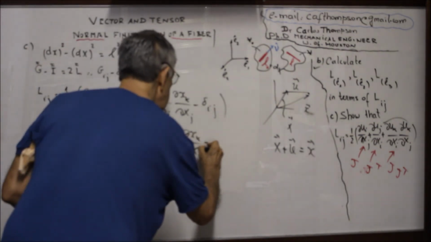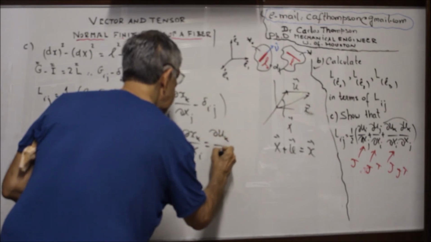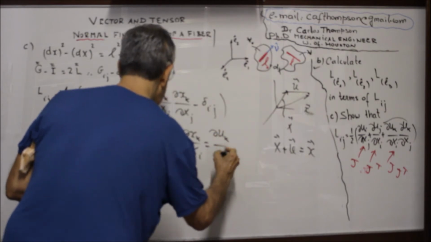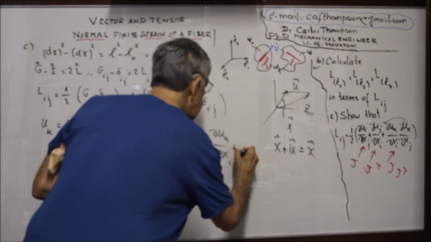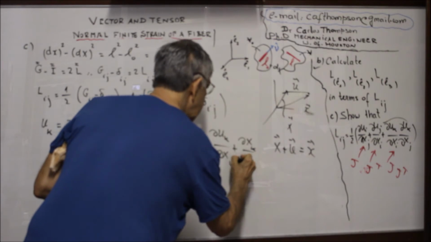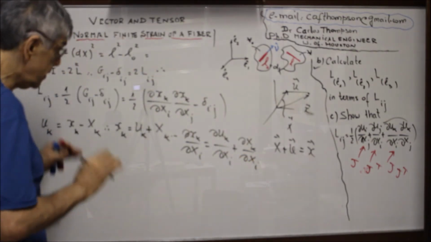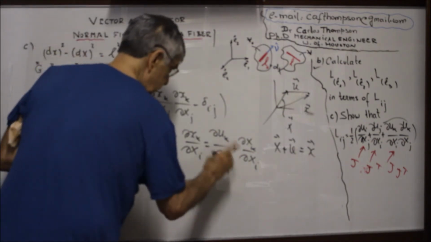So this will be partial of x_k with respect to capital X_i, which is equal to the partial of u_k with respect to X_i plus partial of X_k with respect to X_i. Now, an important issue here is this.